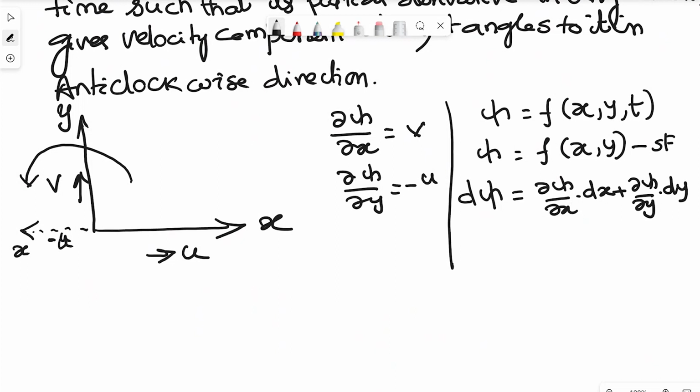As we just now mentioned, dou psi by dou x is v and dou psi by dou y is minus u, so d psi is v dx minus u dy.